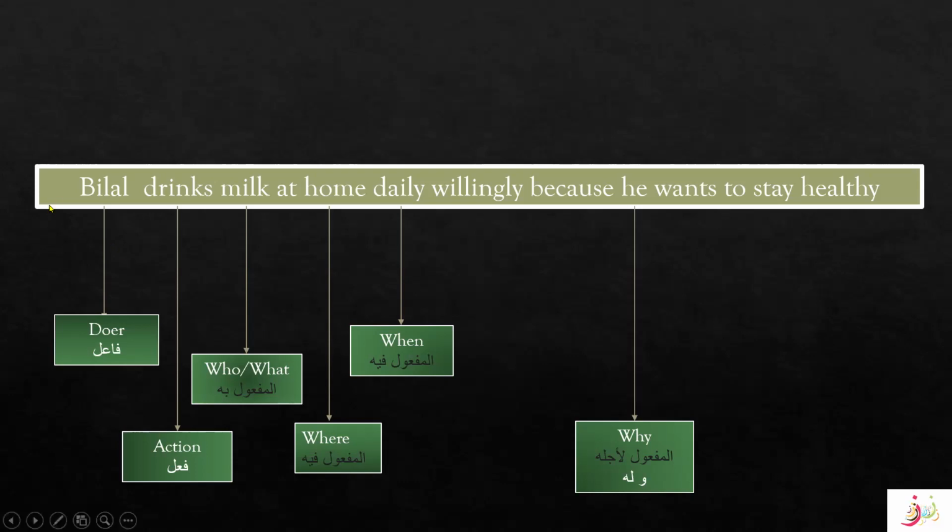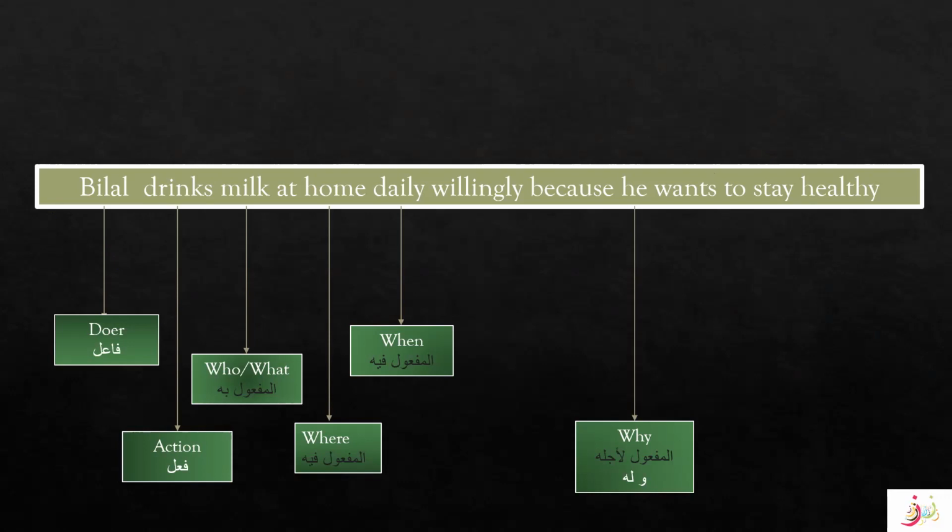We have this sentence in English, just like a simple Arabic sentence, because it is easy to understand the concept of maf'ul with this example. That is why I have chosen this example.